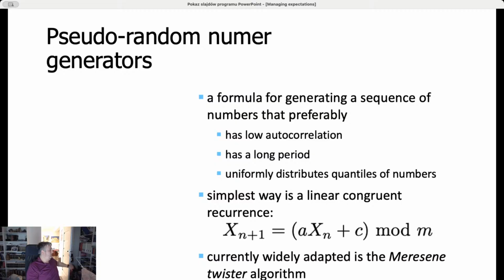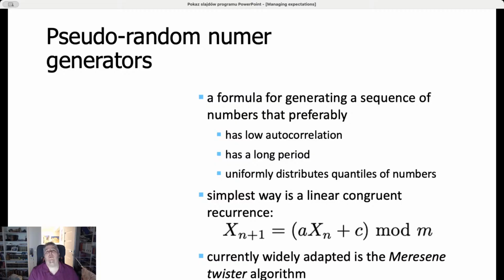We finished our discussion on pseudo-random number generators, and we discussed how it's generally realized. The most popular current algorithm is the so-called Mersenne Twister, and this algorithm is implemented in most programming languages.